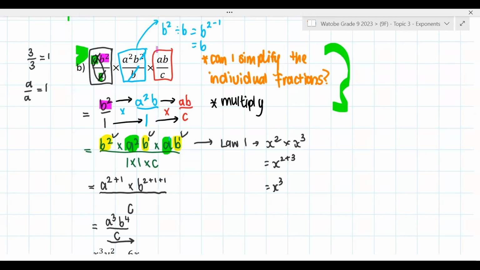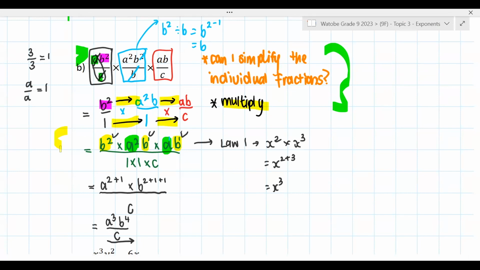I did the same thing for each of my fractions. I saw if I could simplify them, and only then did I decide to multiply everything in my numerators together and everything in my denominators together.